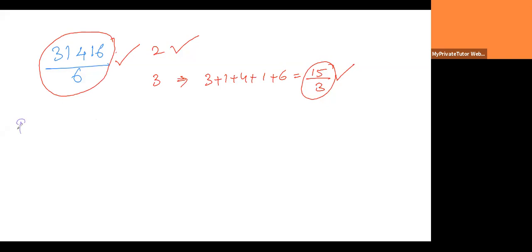Let's go to rule 7. What is the divisibility rule for 7? In this case, it is a little different from what we discussed so far. For example, if we have any number, we just need to cross out the last digit. Just get rid of the last digit. So what is the last digit? 2.